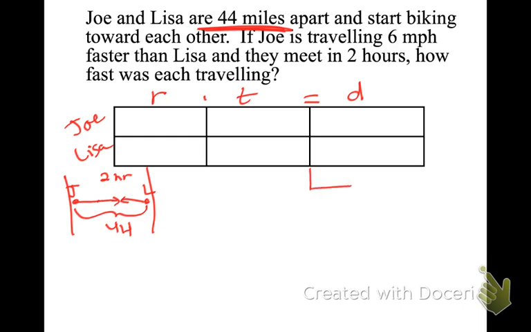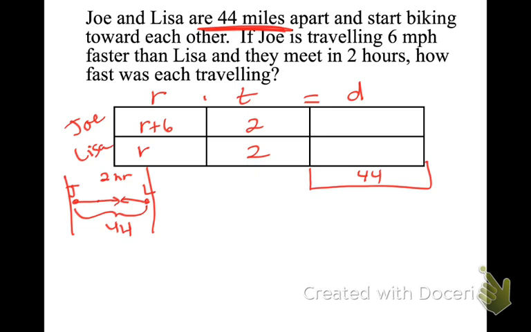It's the total of both distances, so we have to draw that extra. Okay, what do we know about the rate? Bryce? So Lisa would be R, and Joe would be R plus 6, because he's traveling 6 miles per hour more than Lisa. Okay, now tell me about the time. We don't know the time. Oh, 2 hours. They both travel 2 hours and they meet.